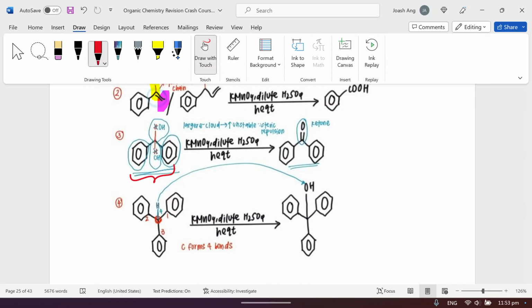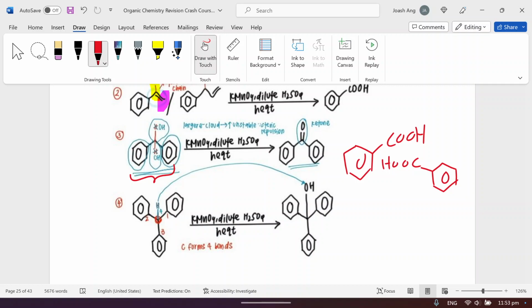What do I mean by that? If you produce these two and you count the number of carbon on both sides, you realize that there are actually 13 carbon on the left, but now you will have 14 carbon on the right if you oxidize the carbon to benzoic acid.